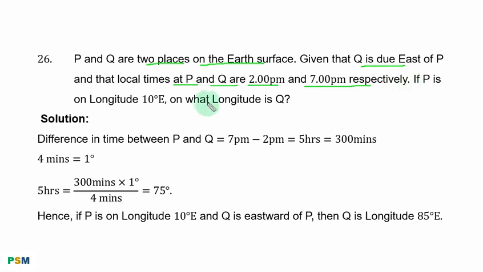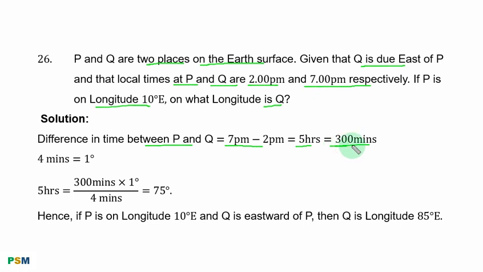If P is on longitude 10 degrees east, on what longitude is Q? Solution: time difference between P and Q is 7 p.m. minus 2 p.m. and that is 5 hours. If you convert it to minutes, you have 300 minutes.